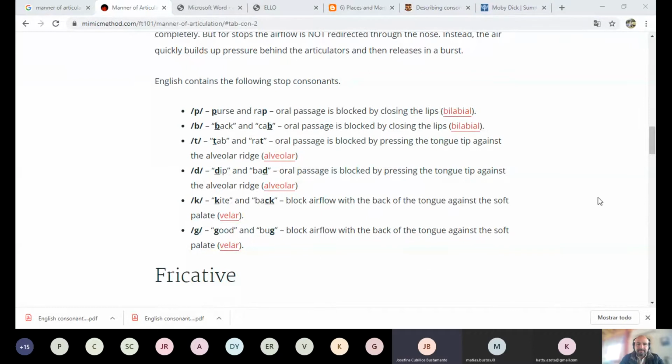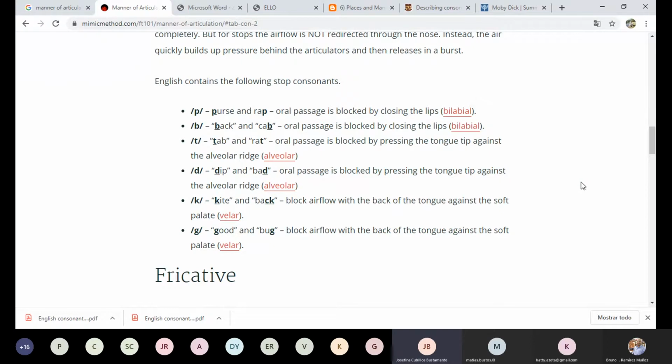Oral passage is blocked by closing the lips, bilabial. b, back and cab. Oral passage is blocked by closing the lips, bilabial. t, tab and rat.